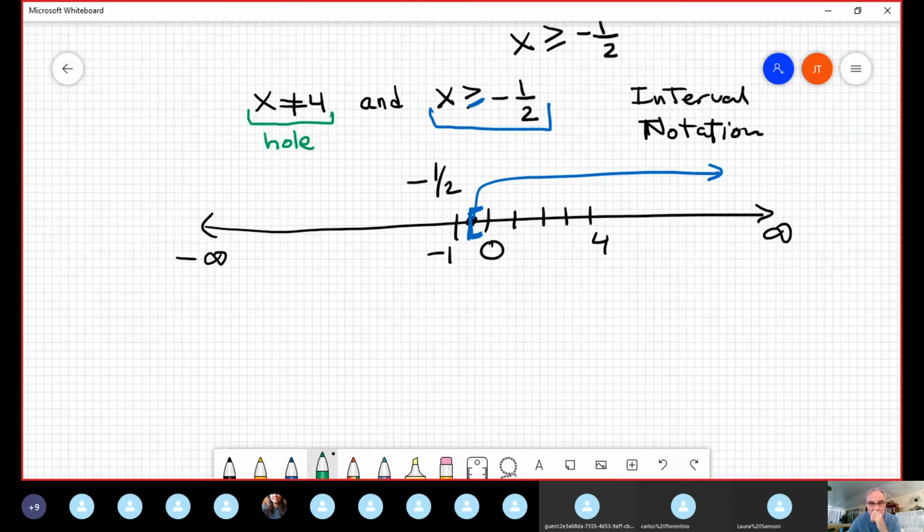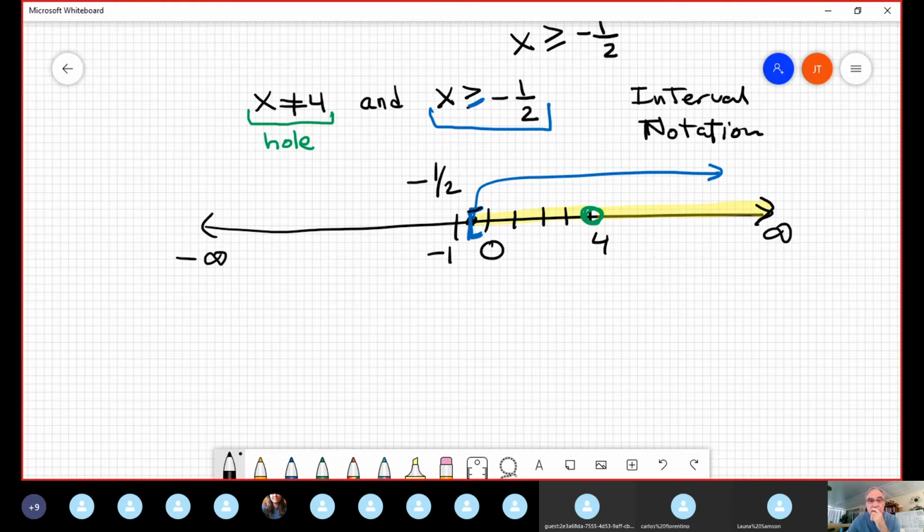So at 4 we have a hole like that. So what is my final answer? My final answer is from -1/2, stop at 4, not 4, and continue from 4 to infinity. This continues forever in that direction.